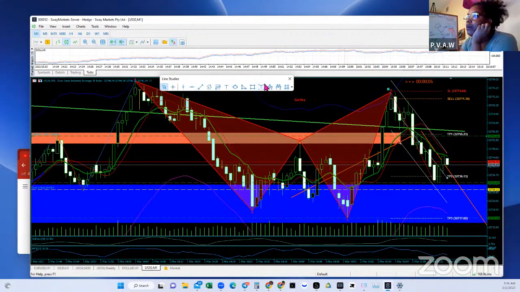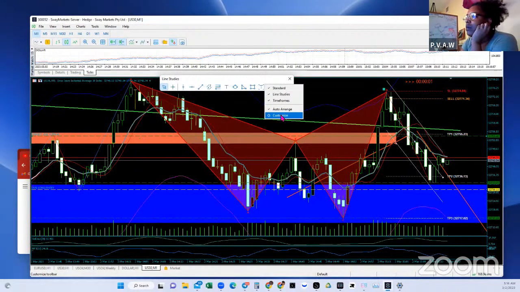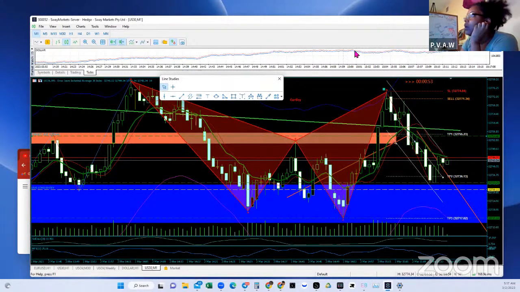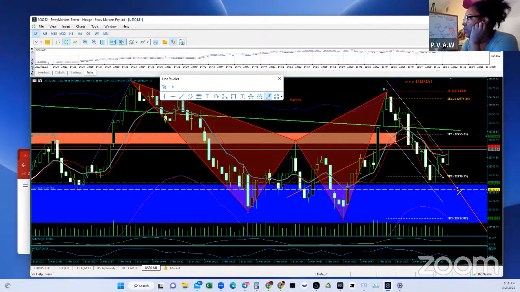Do we have an arrow in here? We do. We have an arrow. What the arrow does, it tells you how many pips.